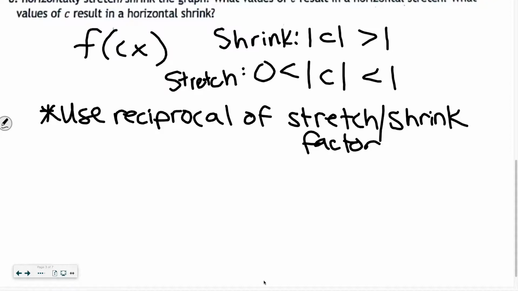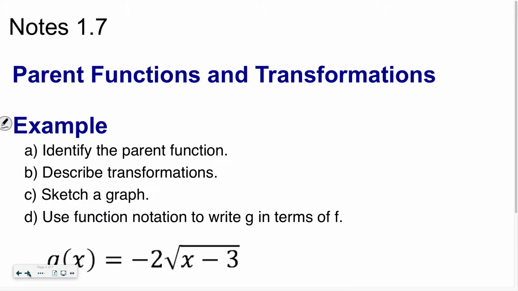Okay, you can keep this handy because you might need it when we write function notation. You want to have out your pink sheet in case you want to check on any of the parent graphs. And then I'm going to do some examples from section 1.7 so that you'll be prepped for your homework this evening. So we'll try to get through 2 examples today.